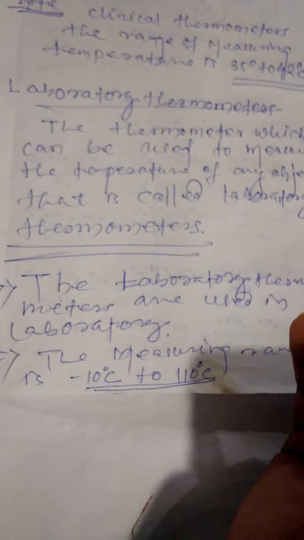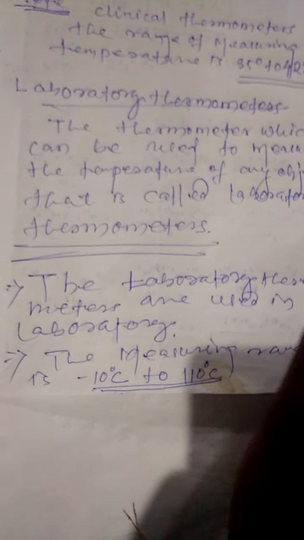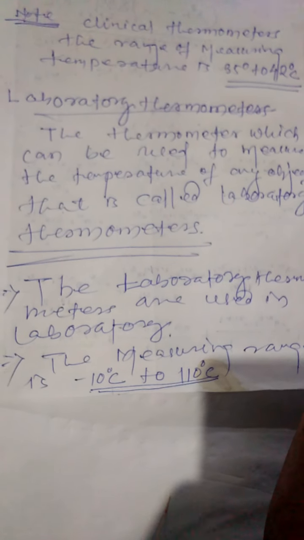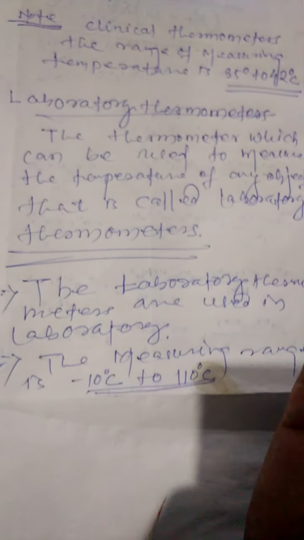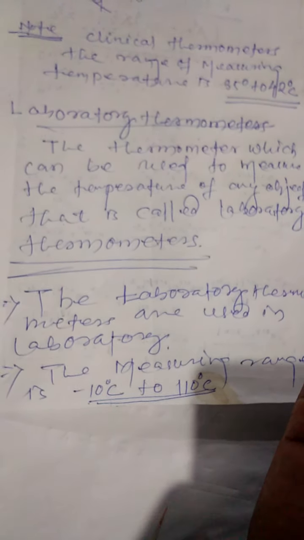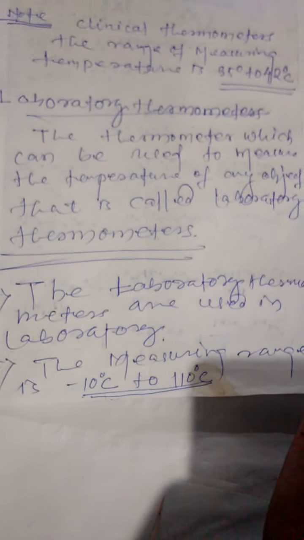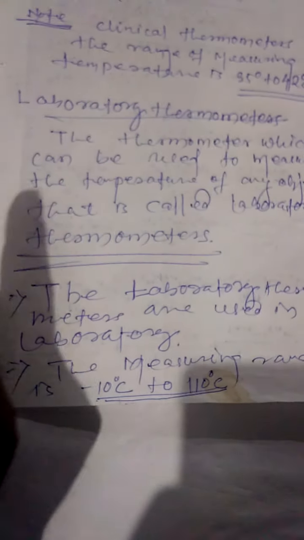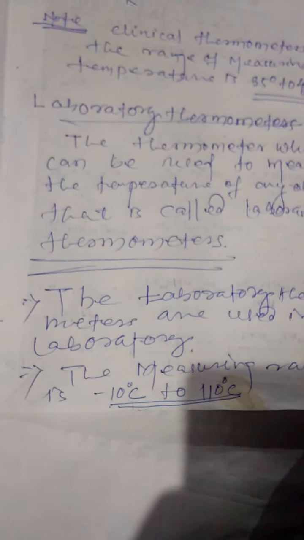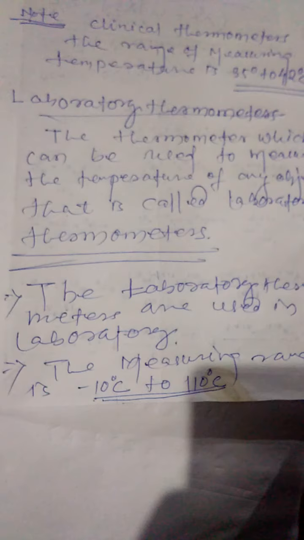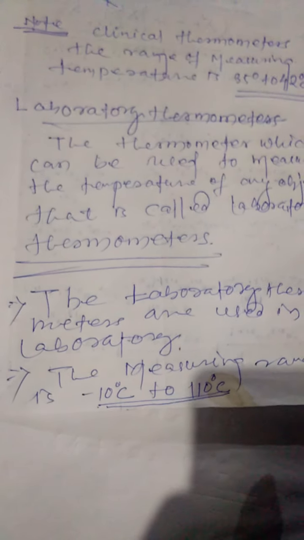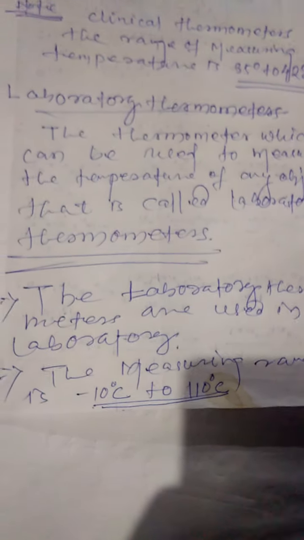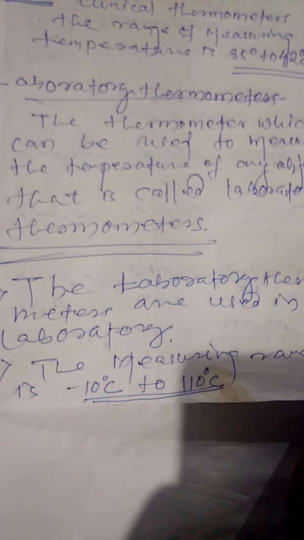Before that, write all these points and understand, and if you get any problems then tell me. The conversion formula is very important, so understand it and practice more. Take numbers by yourself and try to solve, then you will get the answer.